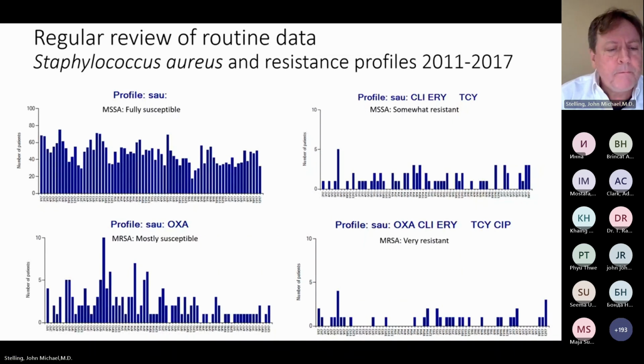potential outbreak. In the lower left, we see MRSA that are resistant to only 1 drug, oxacillin, and of course penicillin. And you can see, generally speaking, that over time, these relatively susceptible MRSA seem to be decreasing over time.